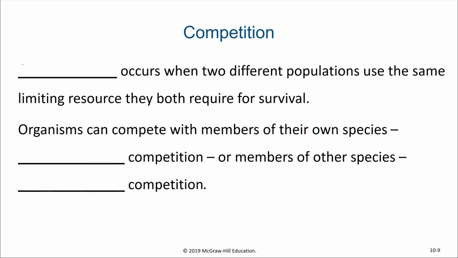Competition occurs when two different populations use the same limiting resources that they both require for survival. Organisms can compete with members of their own species, which is known as intraspecific competition.